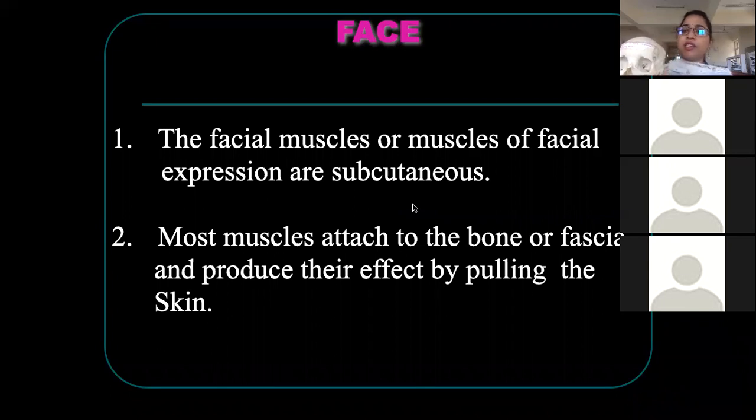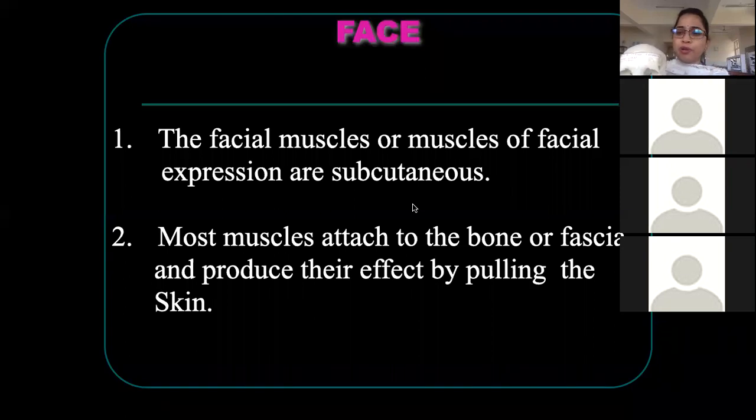Since they are attached to the skin and fascia, when they contract, the skin also shows various changes, and these are produced as expressions. So they produce their effect by pulling the skin. That's what you have to remember when talking about the muscles of the face.